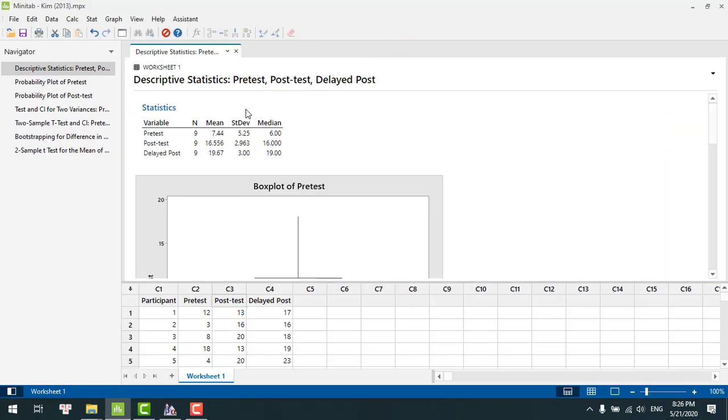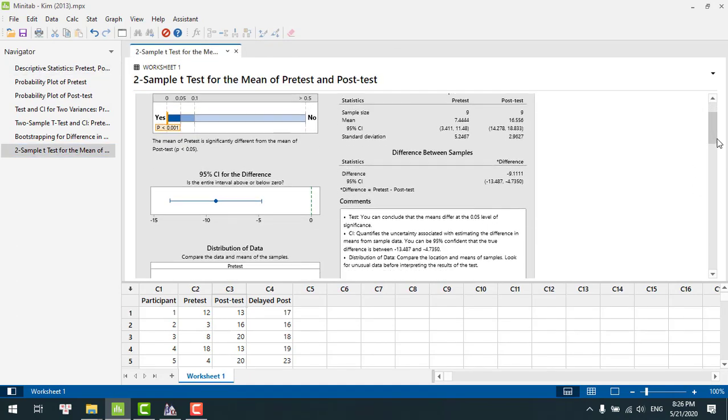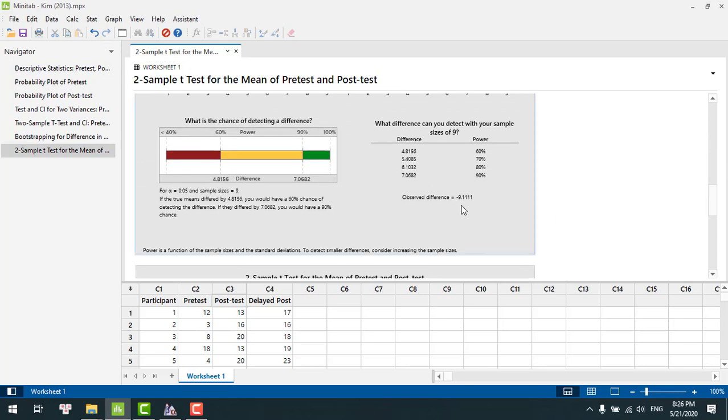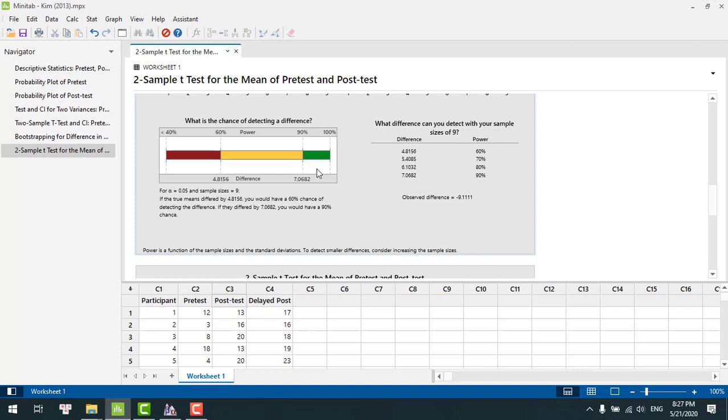Let's go back to our statistics here, the last one, and let's check what is said for power. Notice that it says the observed difference was minus 911, okay, and then the difference 9 was here. So notice that 911 is a very high point of difference, okay. So here then, that's why that was in the green area, but our power then was very, very high.